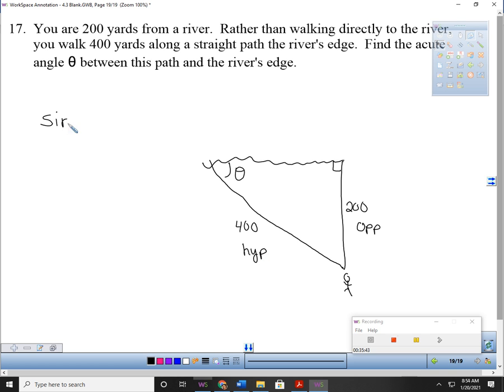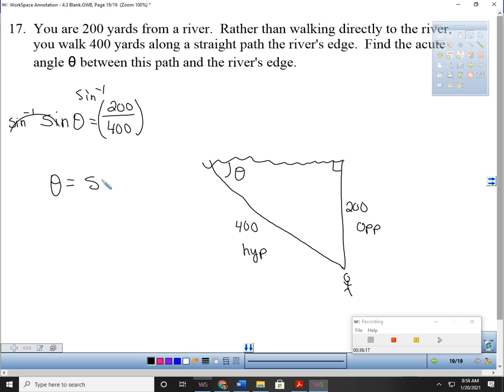So I know the sine of my angle is equal to the opposite side, which is 200, divided by the hypotenuse, which is 400. Now, do you remember how to solve for the angle? You have to do the inverse. So I'm going to do the inverse of this side and the inverse of this side. This is just when I don't know the angle. So the sine inverse and the sine cancel.